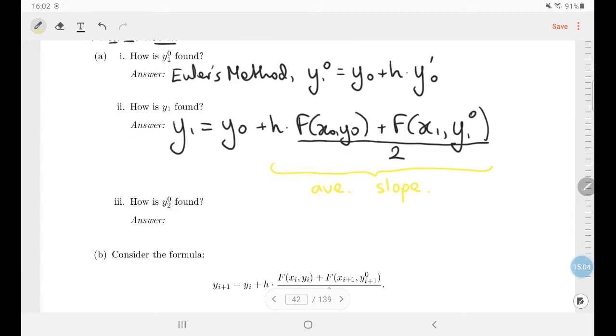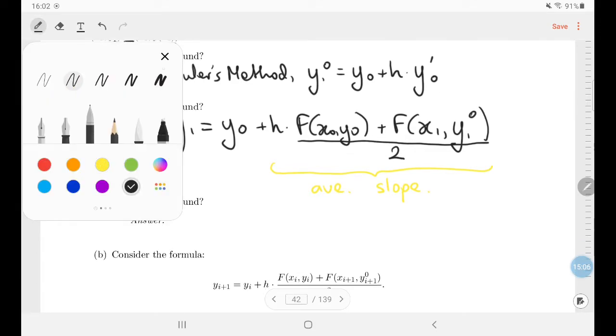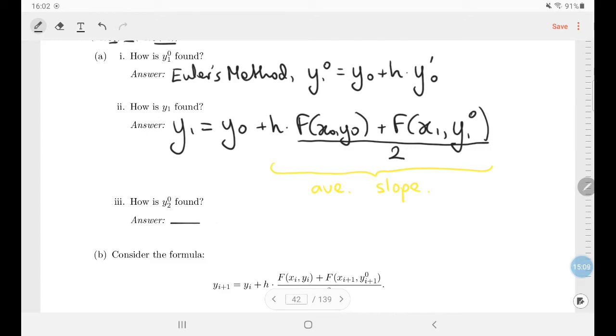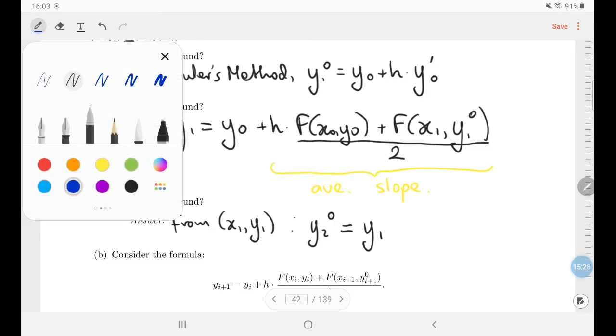How is y20 found? This one comes from the Heun step, so from x1, y1, where you just found y1. y20 is an Euler predicted value, so it'll be the previous y value, which is y1. Now it's very, very important.